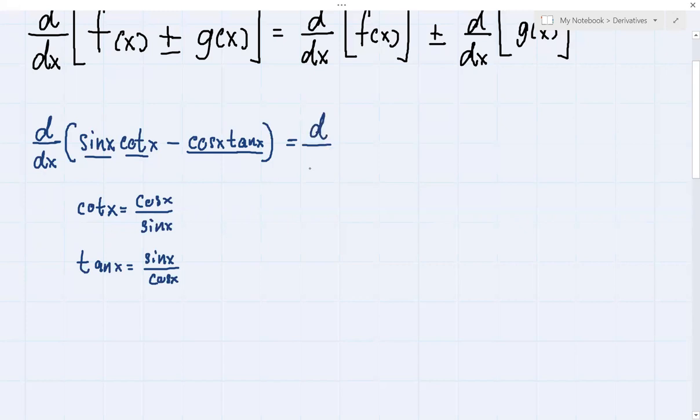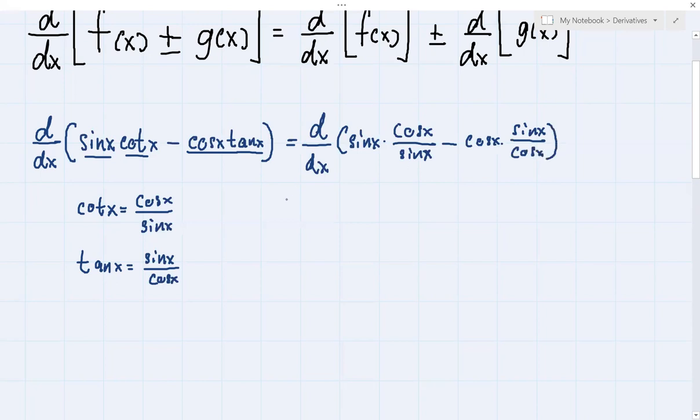This is what will happen. We have the derivative of sine x times cotangent x, which is cosine x all over sine x, minus cosine x times the tangent x, which is sine x all over cosine x.